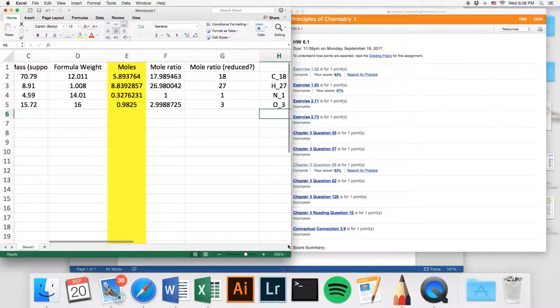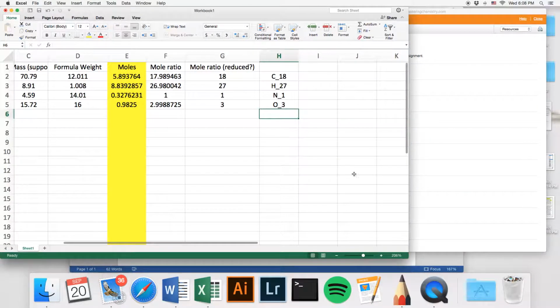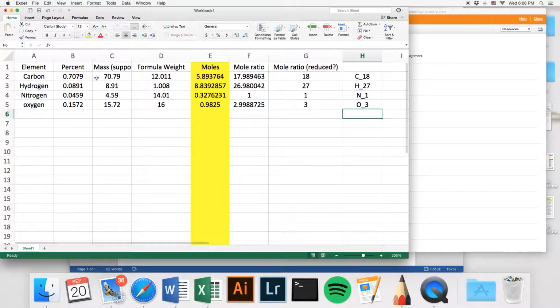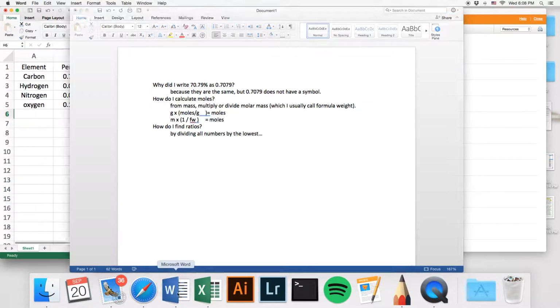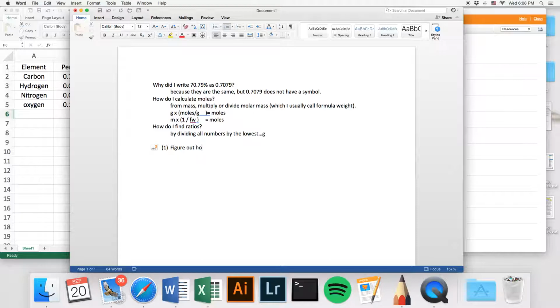Being able to find the empirical formula given the mass percent, let me review what you're going to have to do. Number one, figure out how many grams of each element you have.